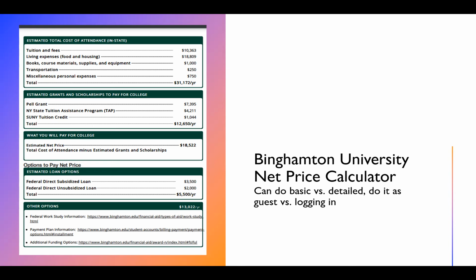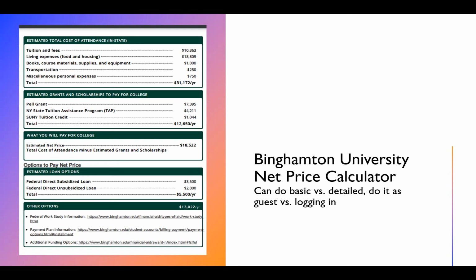So as I had shown on the previous screen, it lists tuition and fees, living expenses, all kinds of additional things. So for an in-state student, it would cost roughly about $30,000. Then if a family qualifies, that's the big if, there could be money coming from the federal government, a Pell Grant, the New York State Tuition Assistance Program.